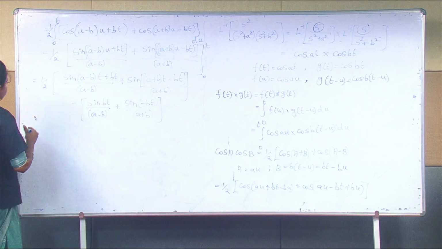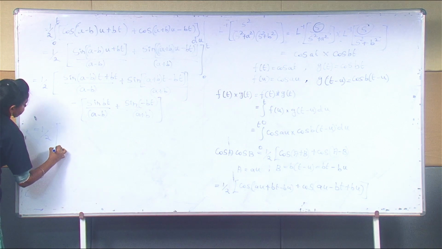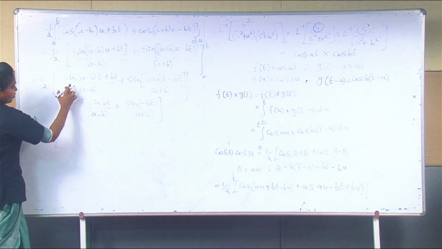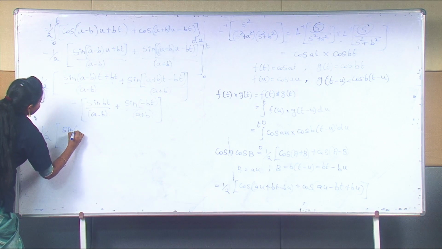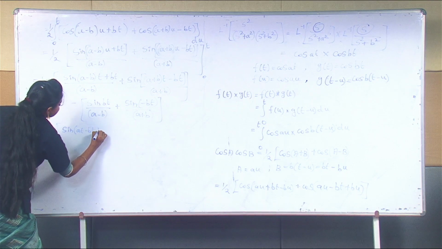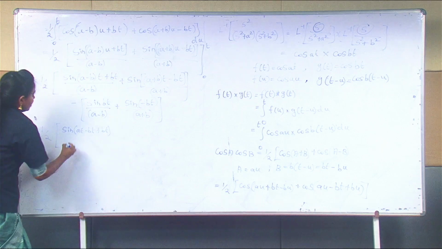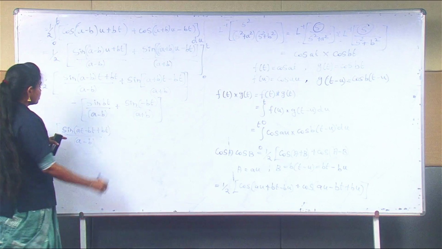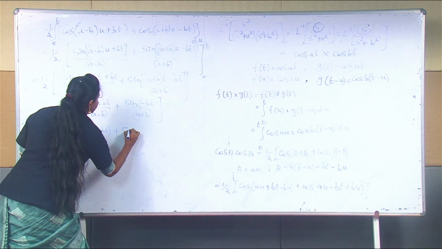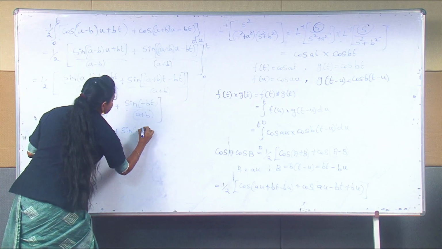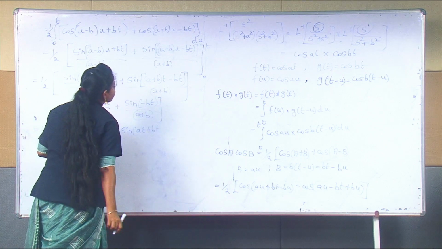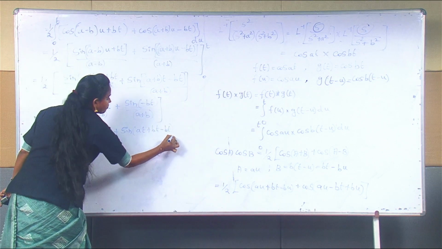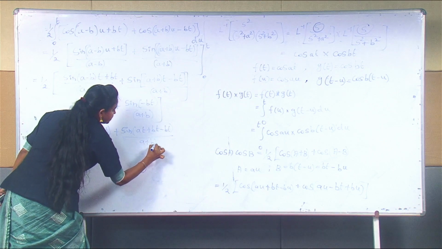So next 1 by 2. Here we can simplify the terms. How we can simplify? Sine of at minus bt plus bt divided by a minus b. Okay, here also we are going to simplify as at plus bt minus bt, divided by a plus b.